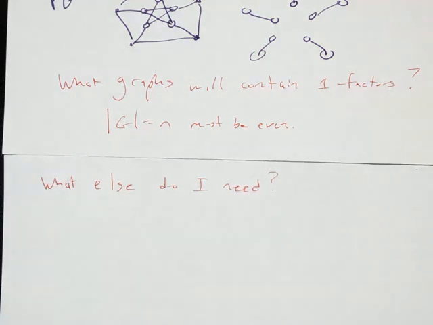All right, wait a minute. Cycles always contain a one factor, if they're even. What kind of graphs do I know always contain a spanning cycle? Yes, but there's another one.